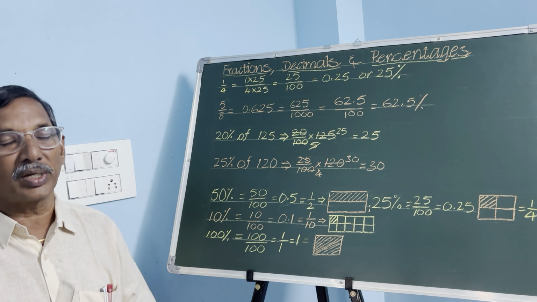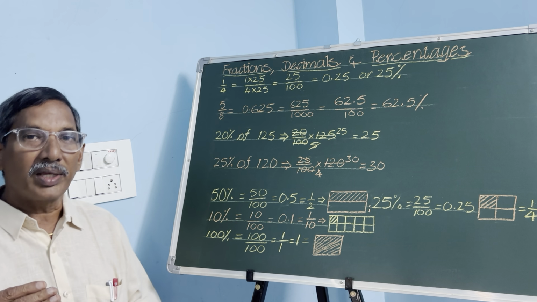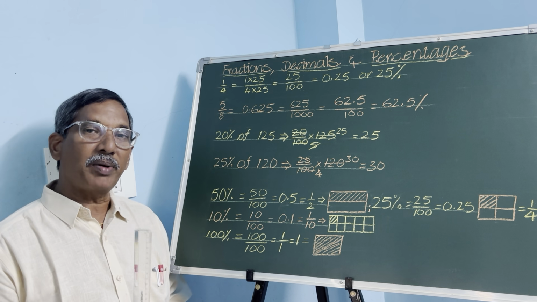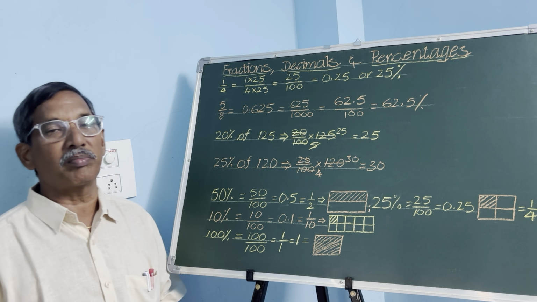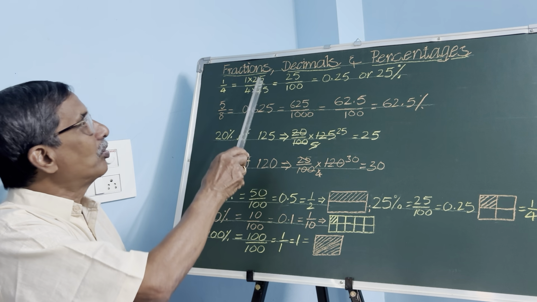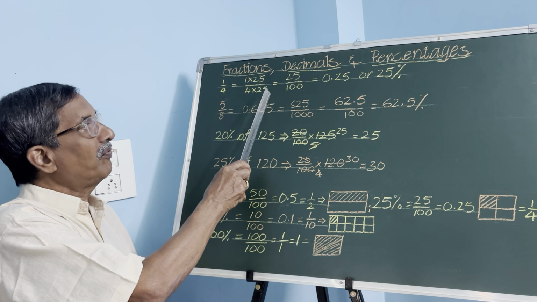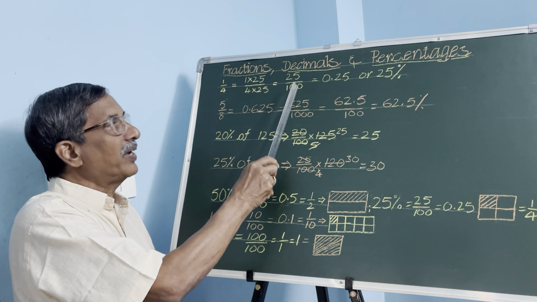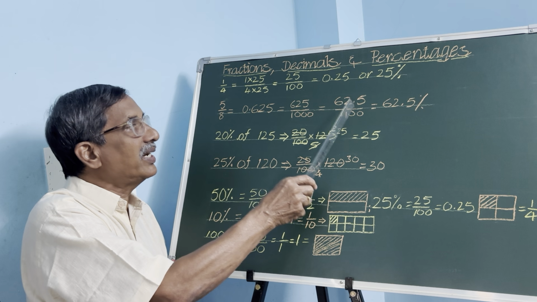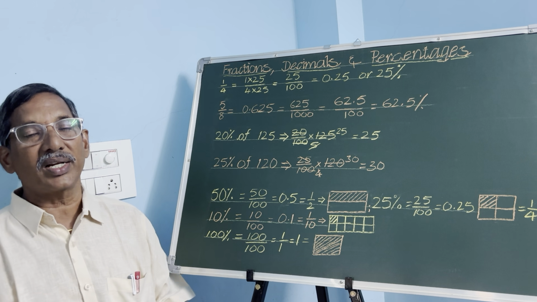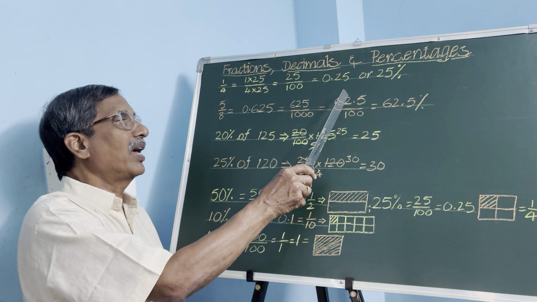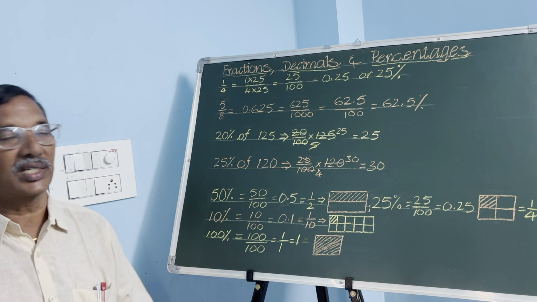We should also remember that if a normal fraction is either multiplied or divided by the same number, the value of the fraction does not change. Earlier we multiplied both numbers by 25 and the value of the fraction did not change. Here we divided both the numerator and the denominator by 10 and the value of the fraction also does not change.